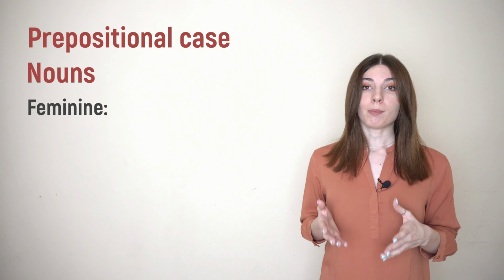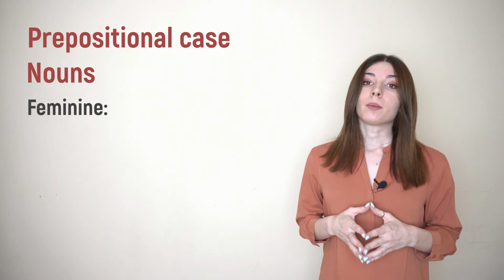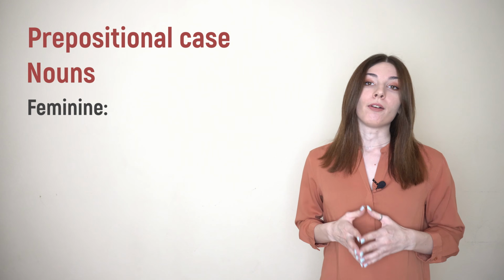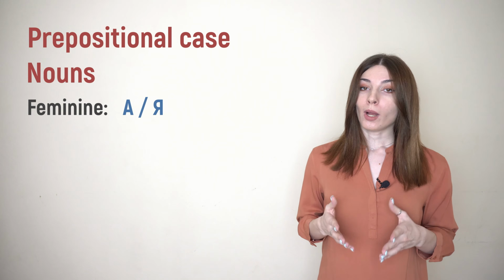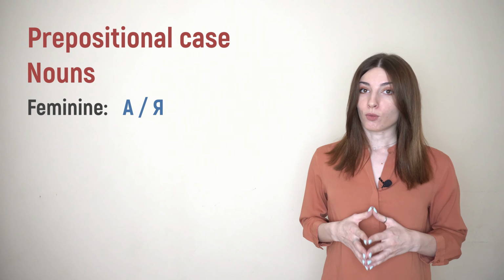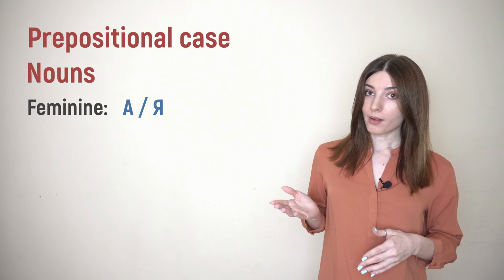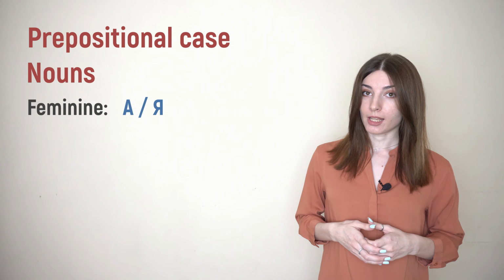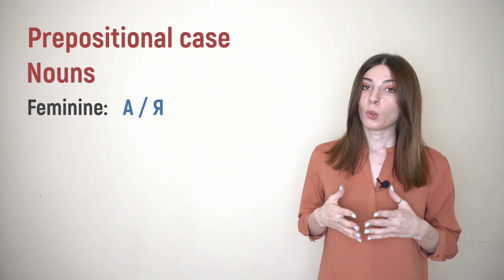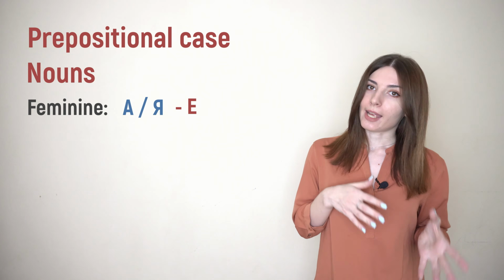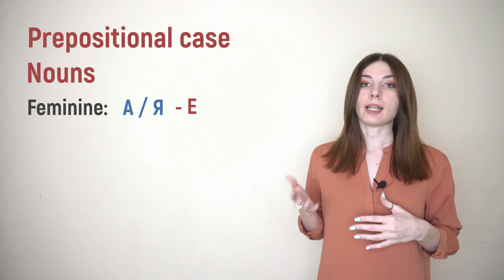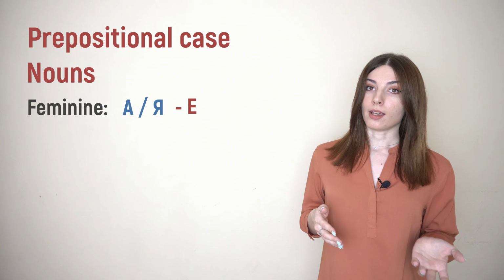Then, feminine words. In their basic form, they usually have «а» or «я» at the end. When a feminine word in the basic form ends in «а», in the prepositional case, we replace it with the letter «е». So this time we don't add this letter, we replace «а» with «е».